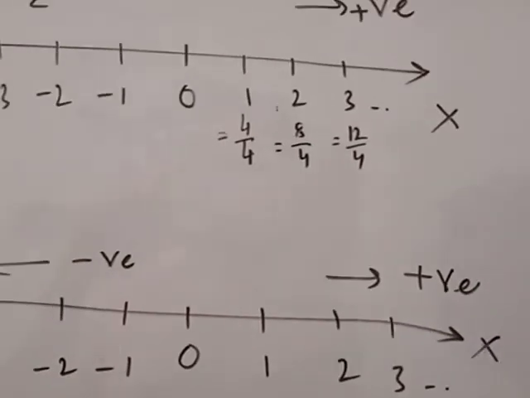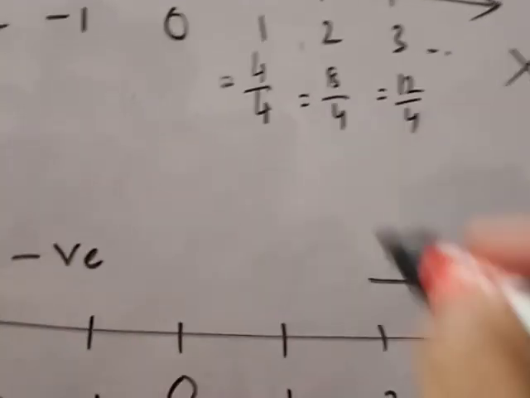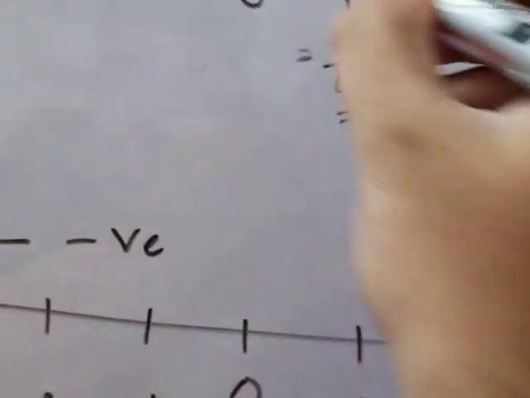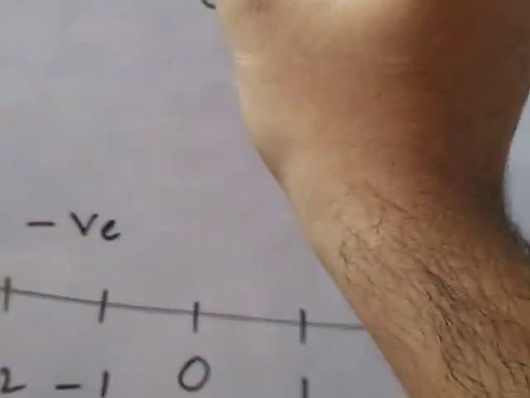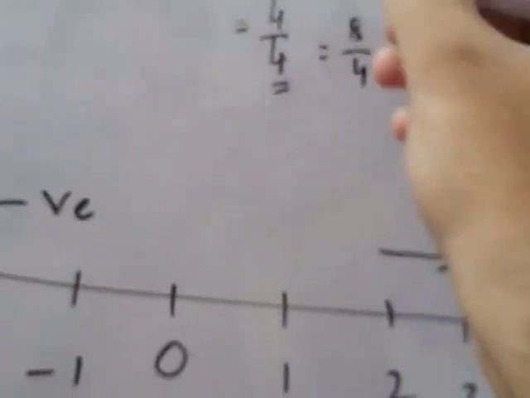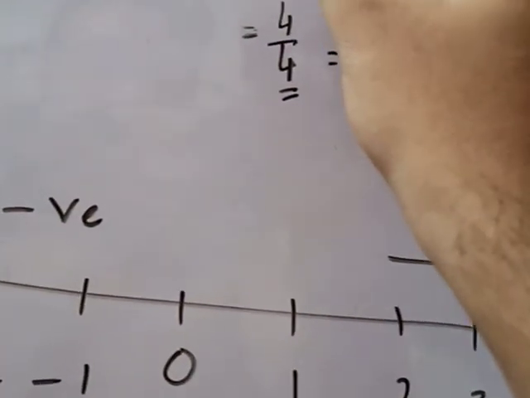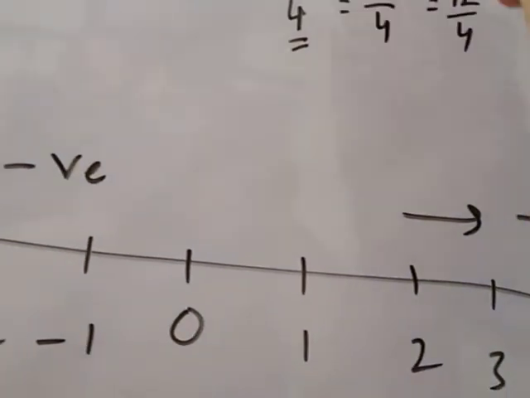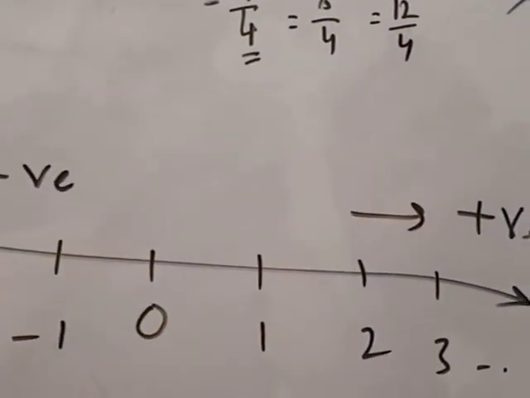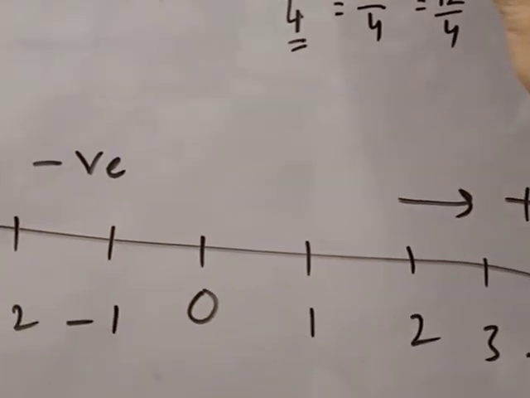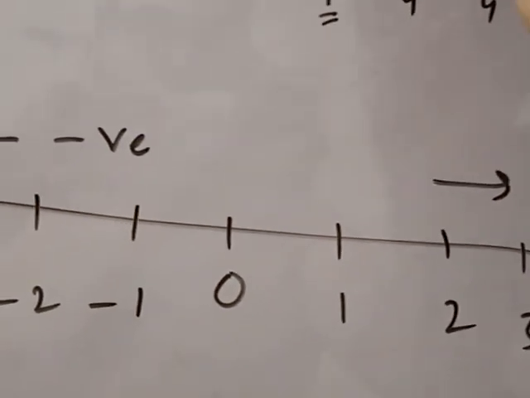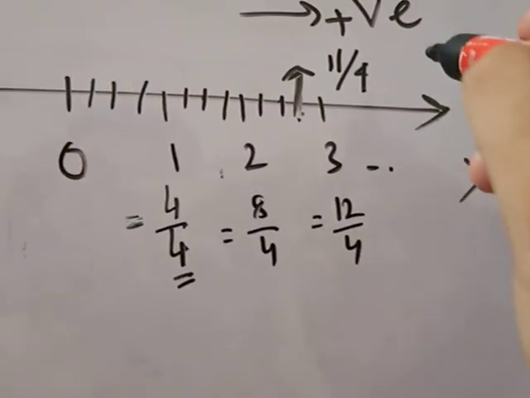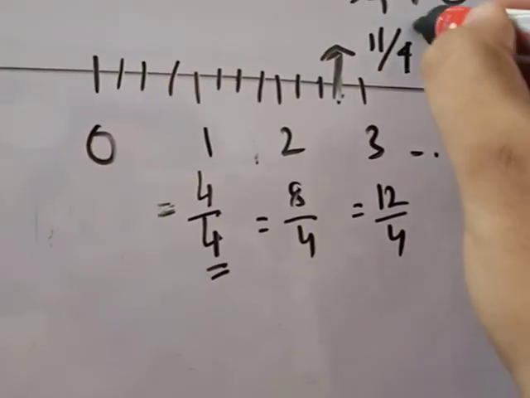Now in the question you have to find 11 by 4. So 4 means you have to divide the 0 to 1 into 4 equal parts. So 1, 2, 3, 4, 5, 6, 7, 8, 9, 10, 11, 12. So that means this is the 11 by 4.